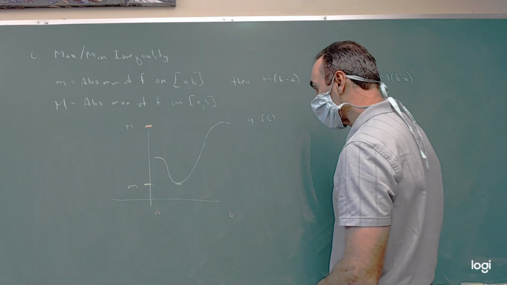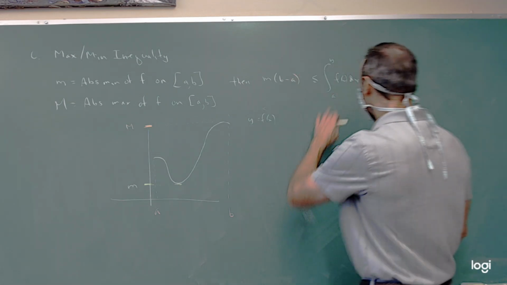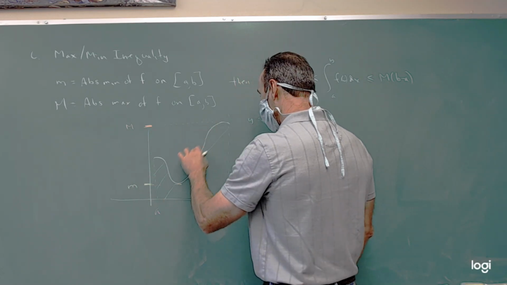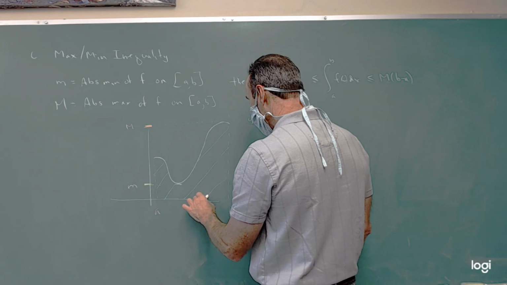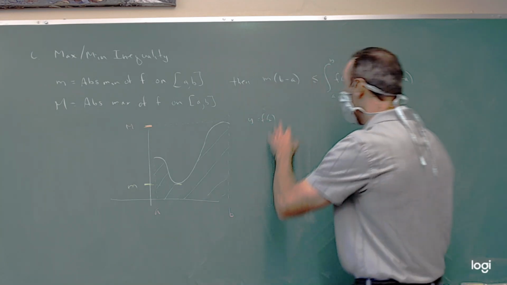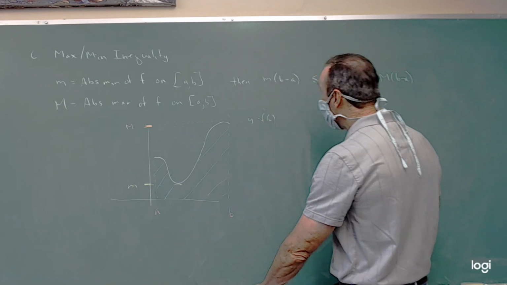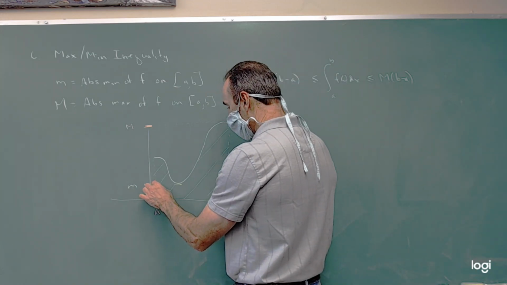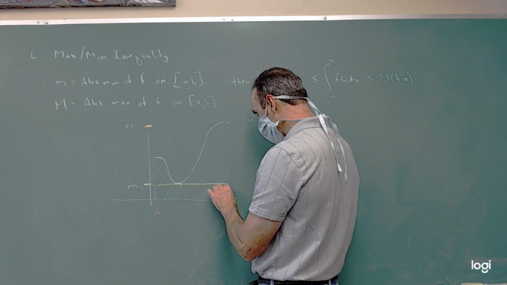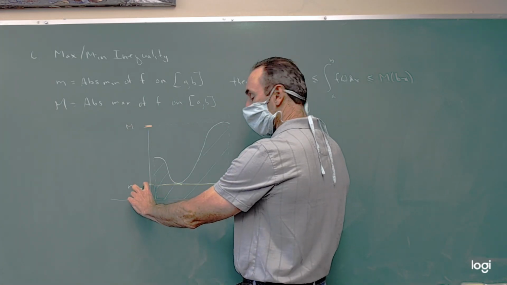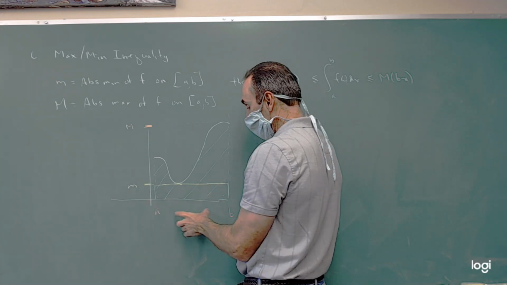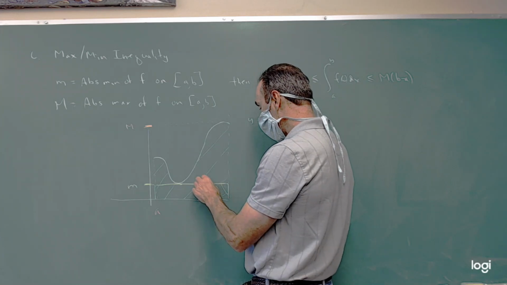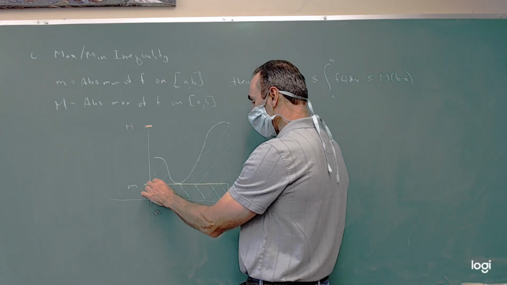Then, our integral from a to b is the area between our curve and the x-axis. And what this little m times b minus a is, is the area of this rectangle that has height at minimum value and width b minus a.